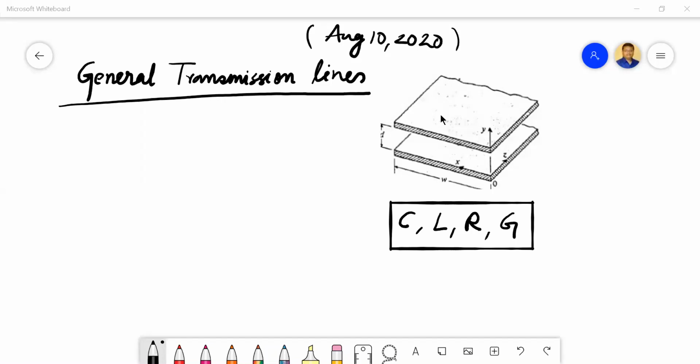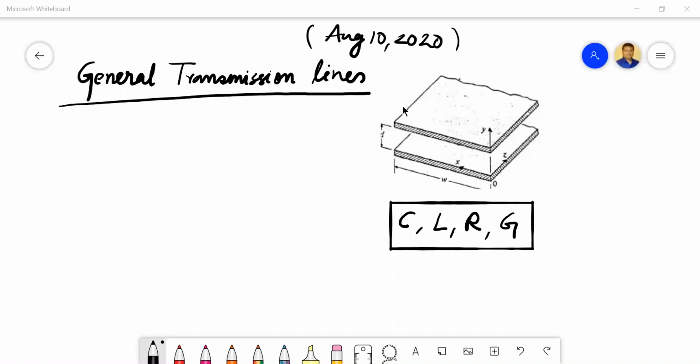So what we will do today, we'll try to derive these transmission line parameters, which are C, L, R, G, for different transmission lines having the same physics, like parallel plates, two-wire, and the coaxial line. So that is why I wrote here the general transmission lines.